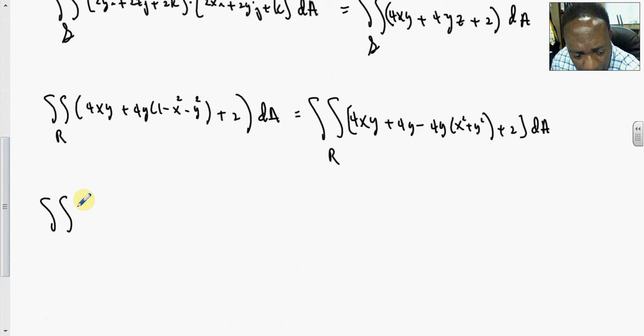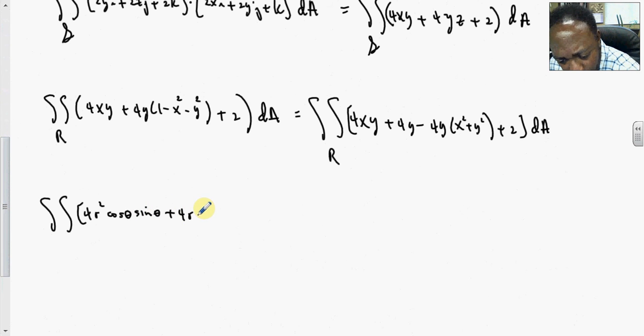And so this 4xy is 4r cosine times r sine. So this is 4r squared cosine theta sine theta plus 4r sine theta minus 4r sine theta.